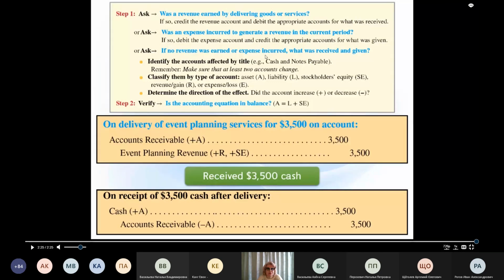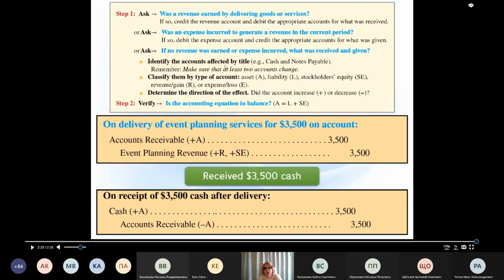But if the answers to these first two questions are negative, so we have no revenue or expense incurred, then we should continue with the normal transaction analysis and answer the question what was received and what was given, and then identify the accounts affected, classify them by type of account, and determine the direction of the effect.